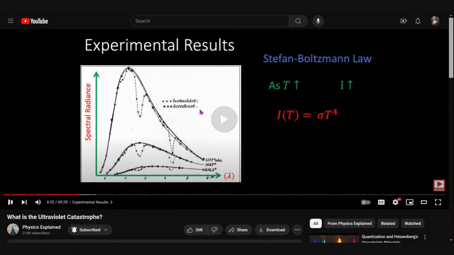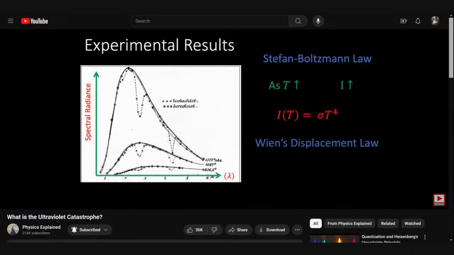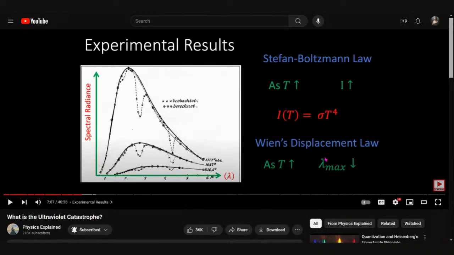Okay. This is the Wien displacement law, which relates the wavelength corresponding to peak spectral radiance with the temperature. As the temperature increases, the wavelength corresponding to maximum emission reduces. I was thinking about the center of mass, but he doesn't talk about the center of mass. He's talking about the maximum.